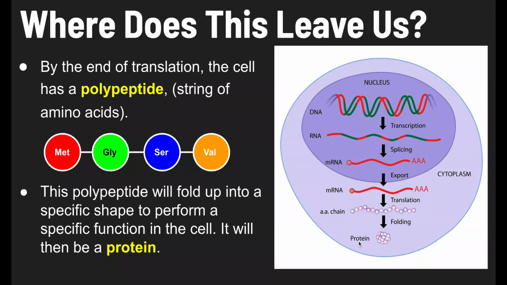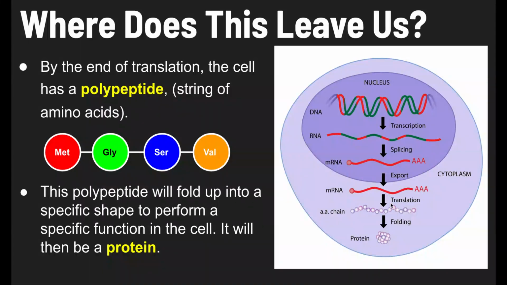So, big picture, this one picture kind of sums it all up. Everything that happened inside the nucleus, that's going to be part of transcription. So that's where the mRNA got made. What we focused on in this video is once you have mRNA and it leaves the nucleus, what happens?